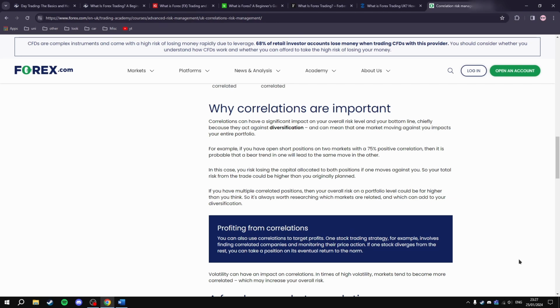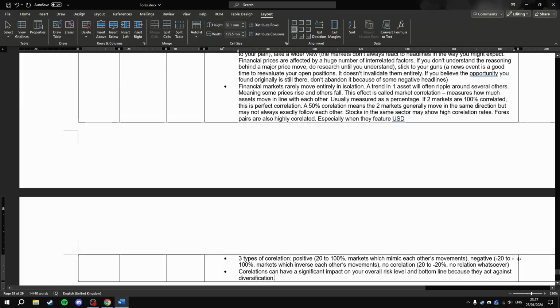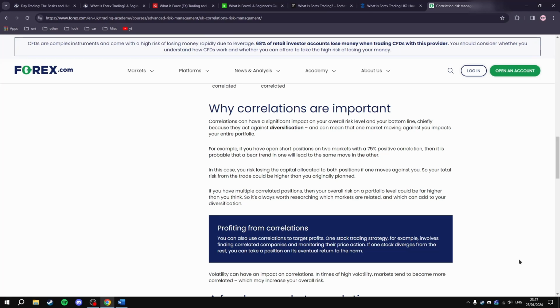And I think diversification here means that you spread something out so that if one thing goes wrong, it won't affect the others. But correlation means if one thing goes wrong, it can cause others to go wrong as well, which is why it acts against diversification.